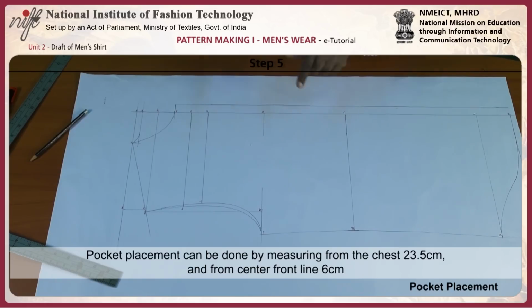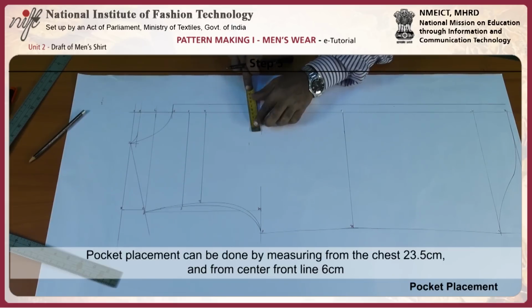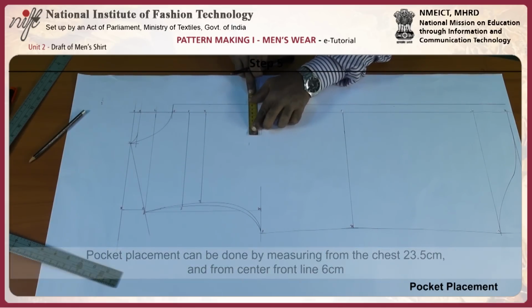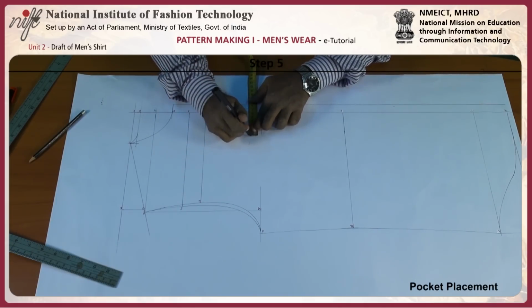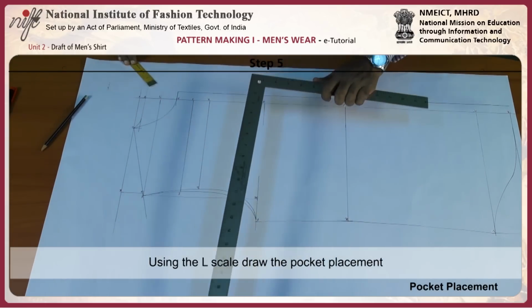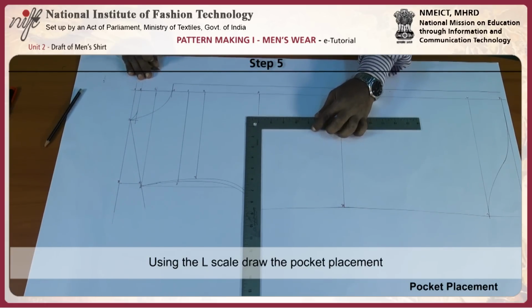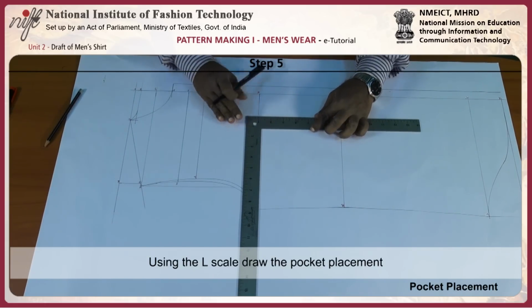Then from the reference line, which is now the center front line, 6 centimeters. Then use a set square or L scale to draw the pocket placement.